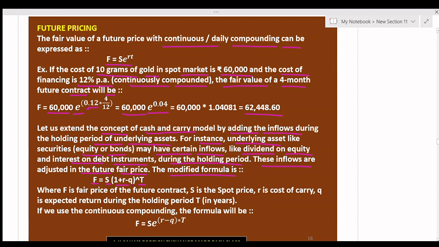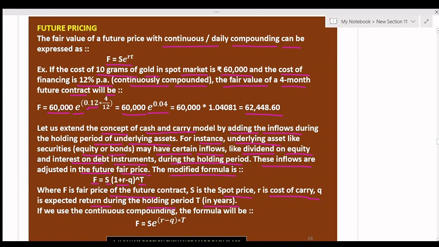It is annually compounded. R is the rate of interest, that is outflow, and Q is the inflow, that is dividend or interest on debenture, so R − Q is the net outflow, to the power T, the time, where F is the fair price of the future contract, S is the spot price, R is the cost of carry, and Q is the expected return during the holding period T in years.